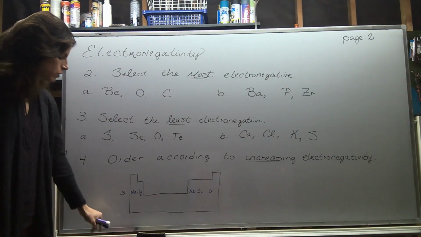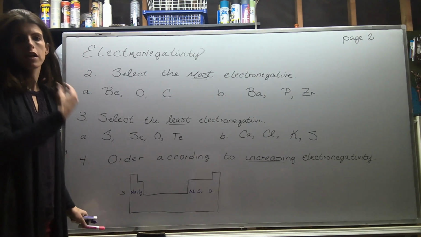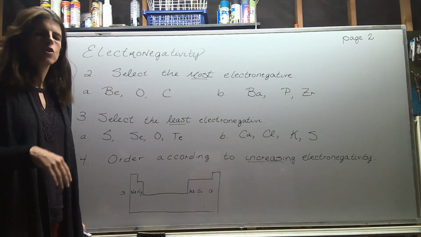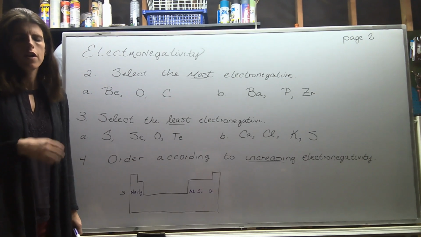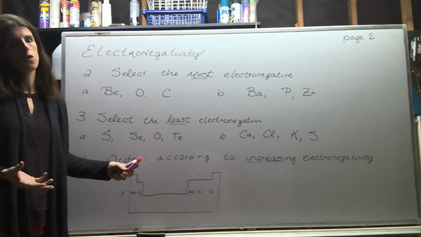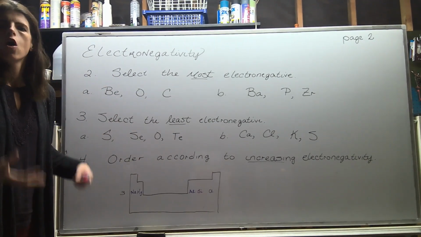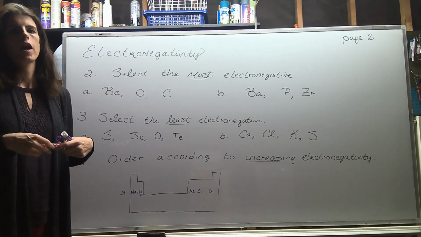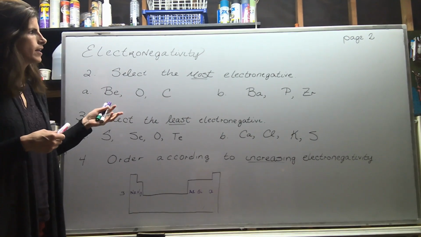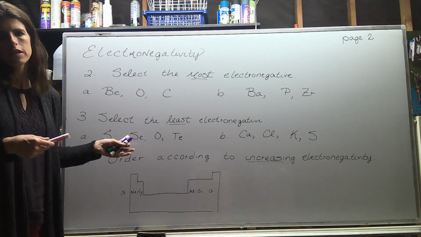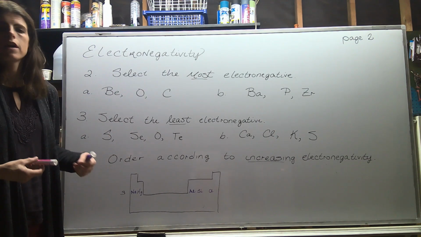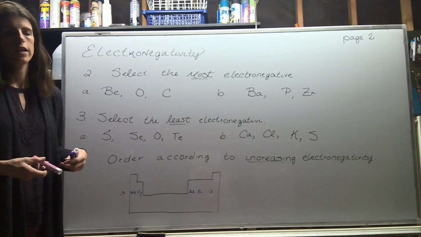So in problem 2, we're asked to select the most electronegative of the group. I know you have the values listed there, but in an ideal testing situation, you would just have access to your periodic table, because again, electronegativity is very predictable as long as you remember that fluorine is the most electronegative.